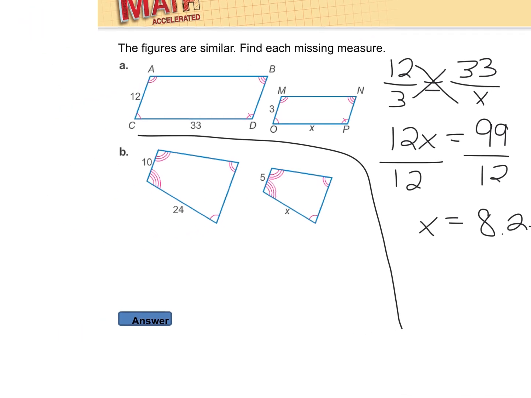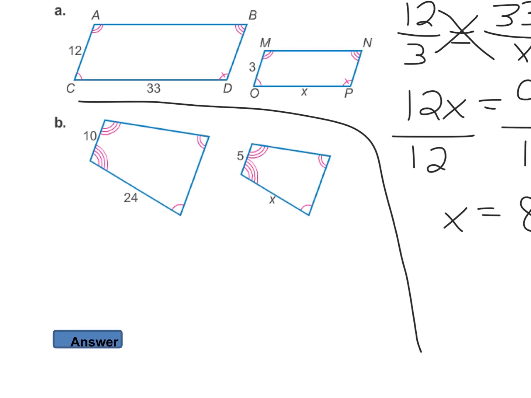All right, let's set B up. If I start with 10, what number on the other shape goes with 10? 5. Equals, since I started with 10, what number do I have to start with on the other one? The same shape, 24 over x. Everyone okay with the setups?